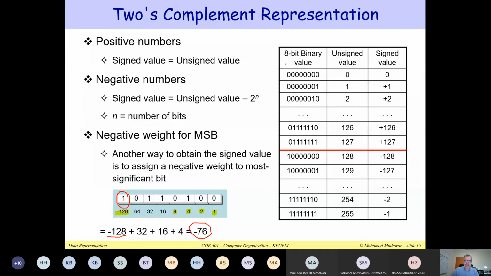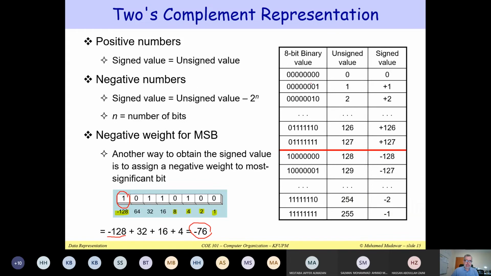If you look at an 8-bit binary value, you can ask what's the unsigned value of this binary number. If it is an unsigned integer, you can go from 0 to 127, and then you can continue from 128 to 255. This is an 8-bit unsigned integer.